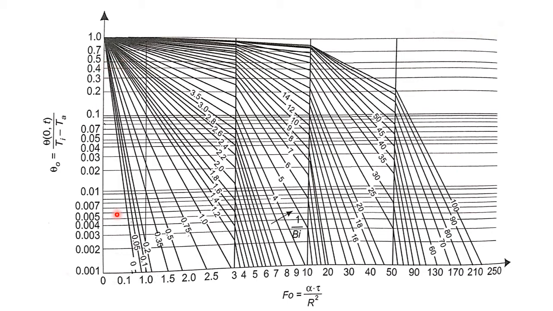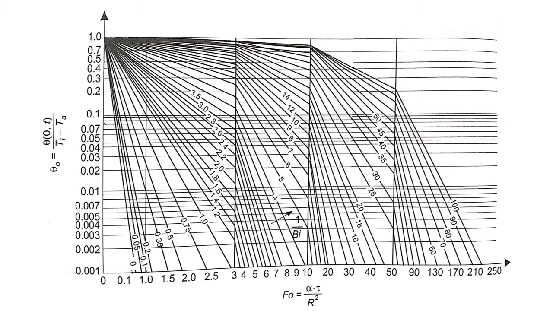So for the 0.29 Fourier number, I have drawn the straight line with the help of a scale, and for 1 divided by Biot number, between 0.75 and 1 it will be 0.85, so I draw a line like this. Where both lines intersect at one point, from there I move horizontally to the left to read this value. So we have got it as 0.45 from the graph directly.